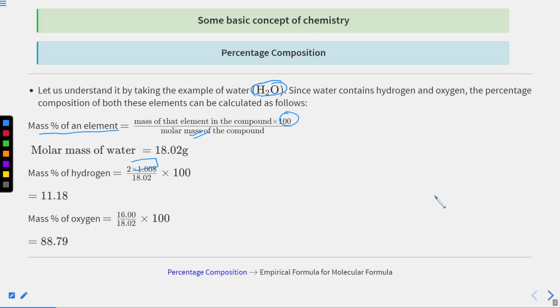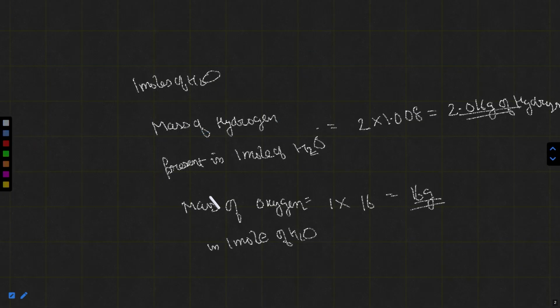Now with this quantification, we can calculate the percentage mass. How will you calculate it? We have the mass of hydrogen, 2 into 1.008, and we divide it by the molar mass. How can you calculate the molar mass? It is very simple.